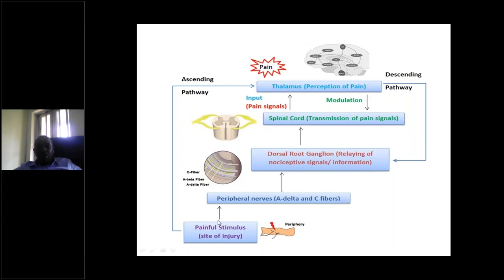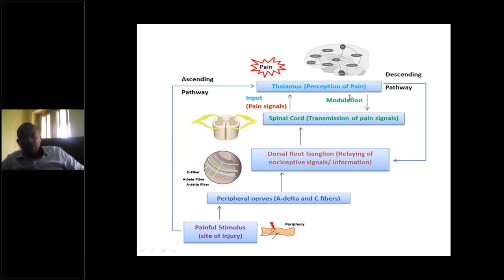As those pain signals come, they will be transferred to the dorsal root ganglion, which relays them. Then they are transferred toward the spinal cord. The spinal cord is responsible for transmission of pain signals. Then they are transferred towards the thalamus, that's in the brain.